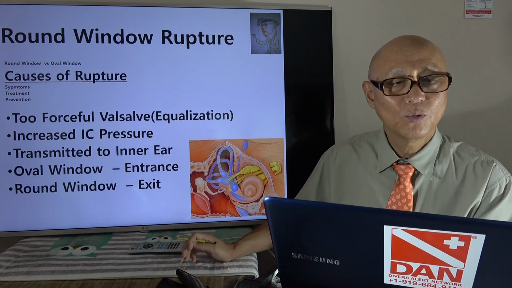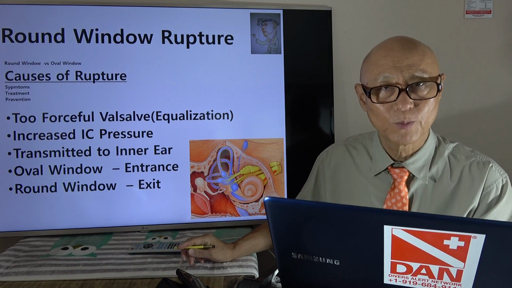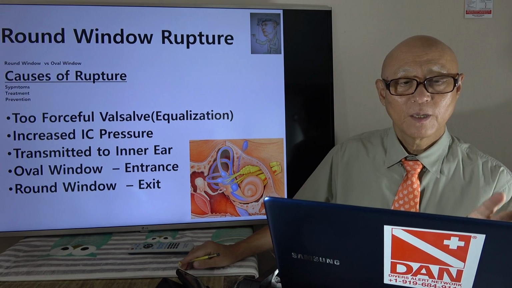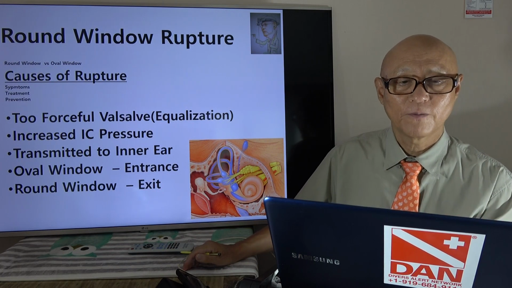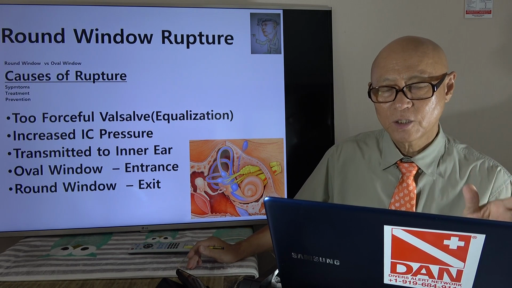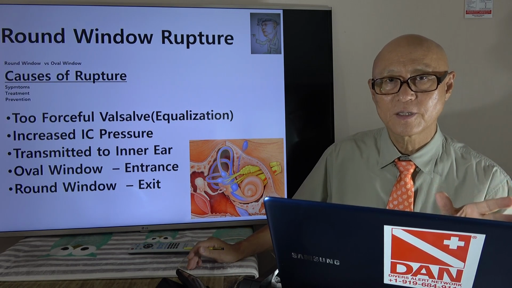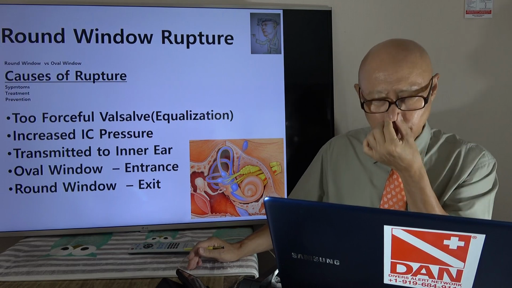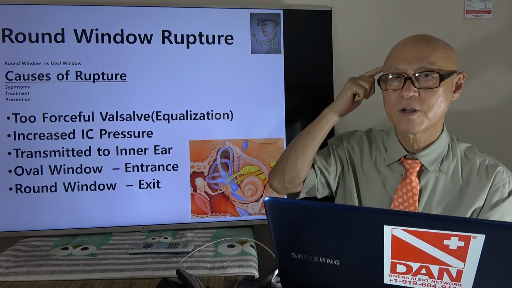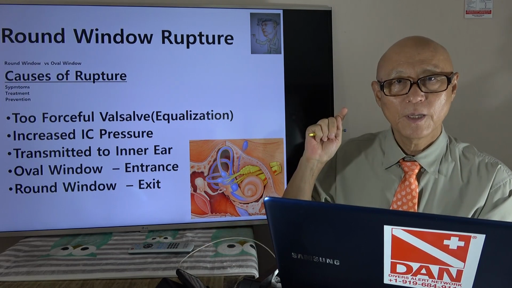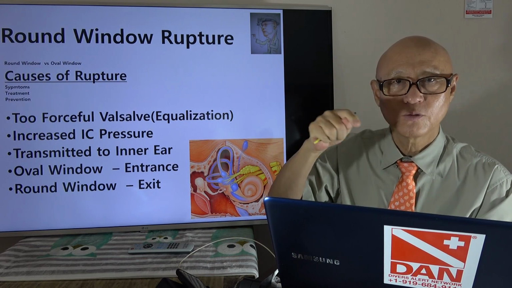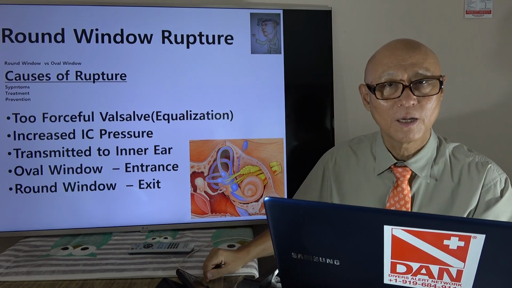Anyway, why do round windows rupture? The cause, for diving, is too forceful Valsalva equalization. With too forceful a Valsalva, we go like this, and that increases our intracranial pressure. The increased intracranial pressure will press down to the inner ear, the cochlea.